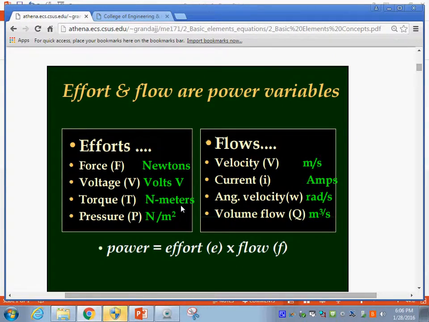And then newton meters times radians per second is also a unit of power. Newtons per meter squared times meters cubed per second is also a unit of power.